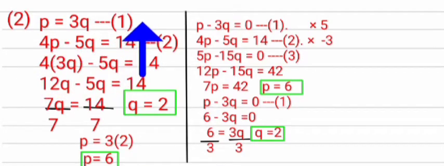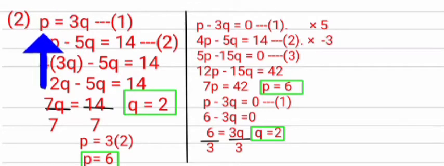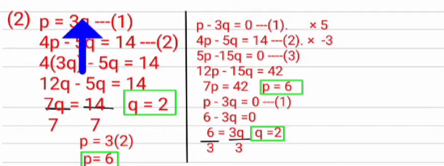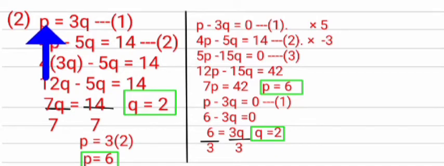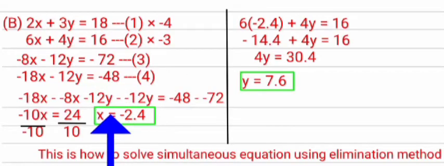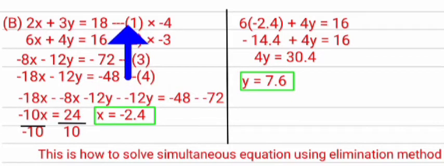Now don't make the mistake: because I said you can substitute your answer into any equation, it does not mean that when you are solving like this, you should substitute 3q into equation 1. That you only do when you've solved and you know the real value of q, not the value that was given.